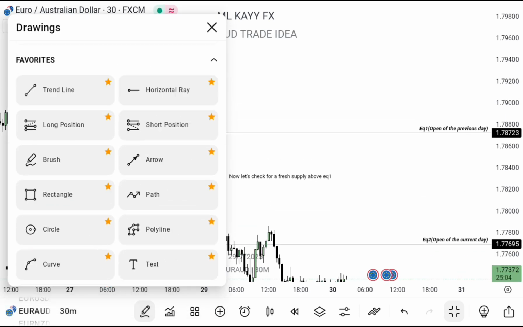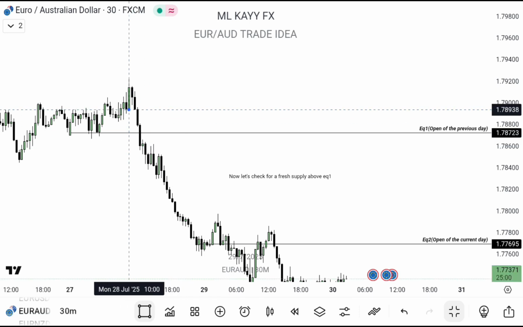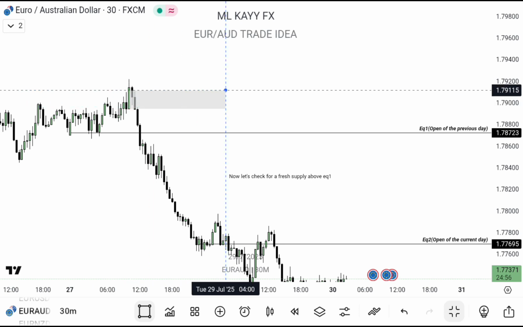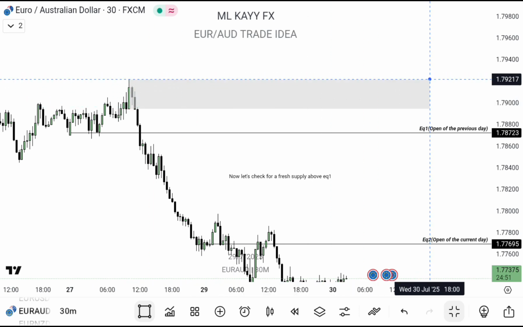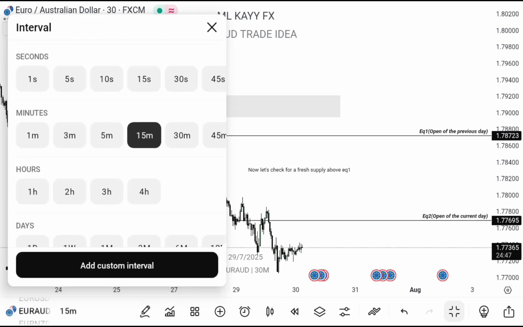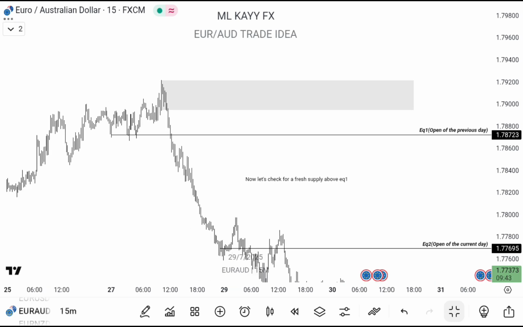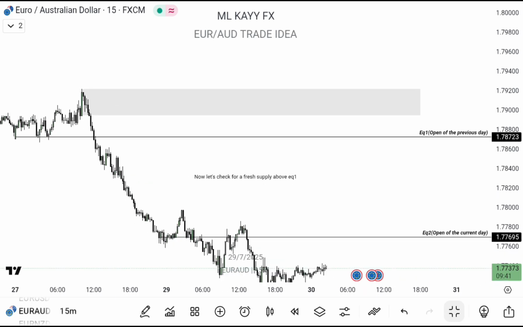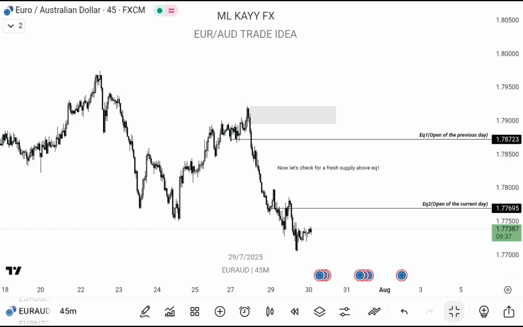Now on the 30-minute, we can see a fresh rally-based drop up there, right where I'm highlighting it. Even on the 15-minute, it's a fresh supply that has been created and price has never tested it.